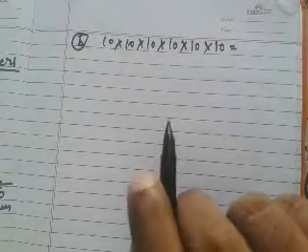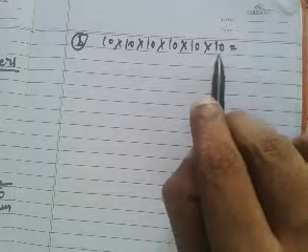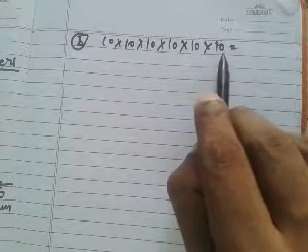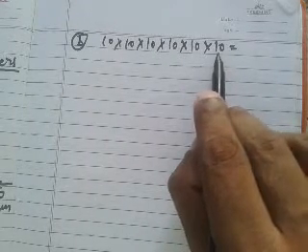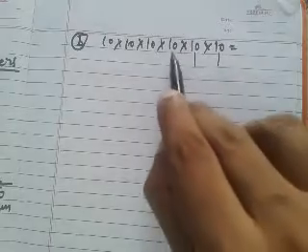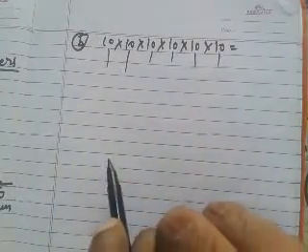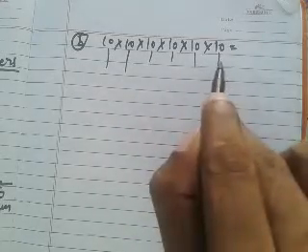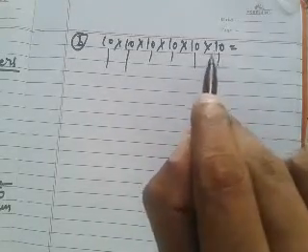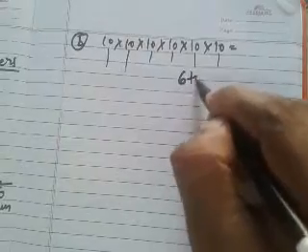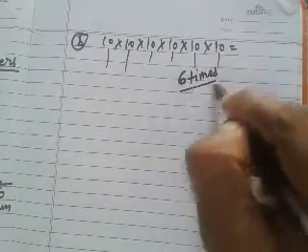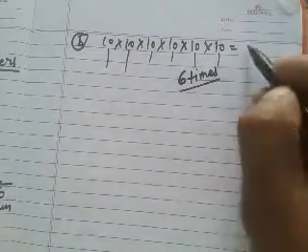First of all, count how many times this 10 is multiplied. 1, 2, 3, 4, 5, 6. So 10 is multiplied here 6 times. And what number is multiplied? 10.